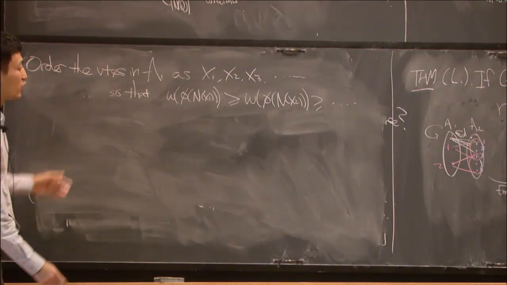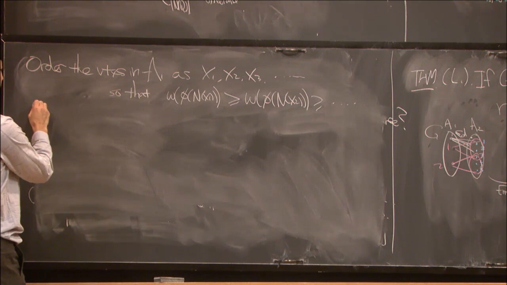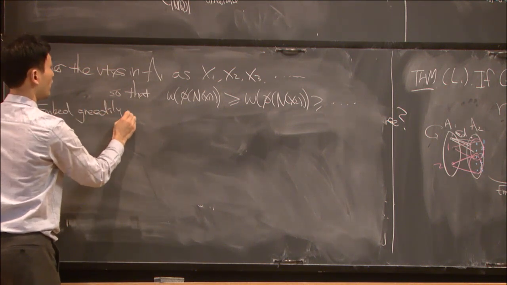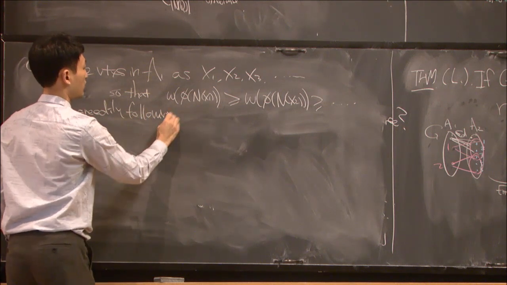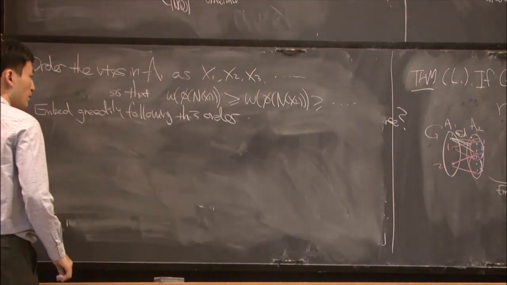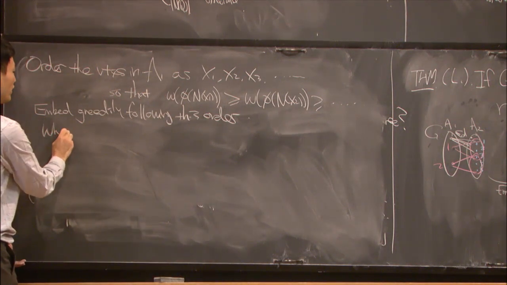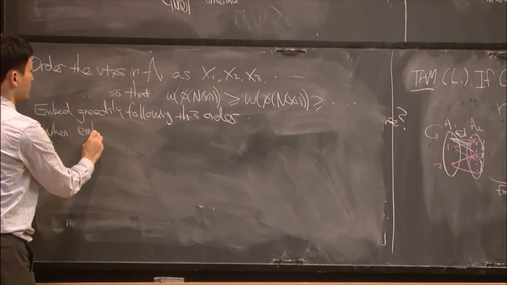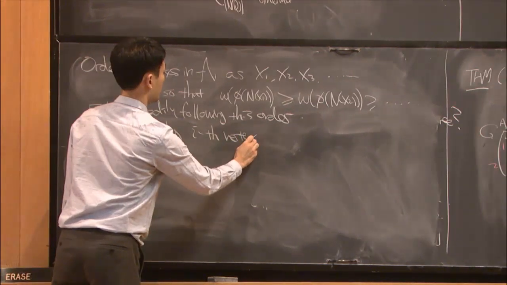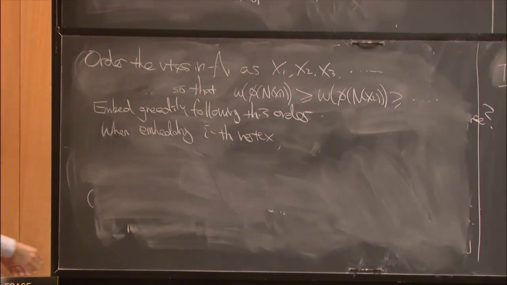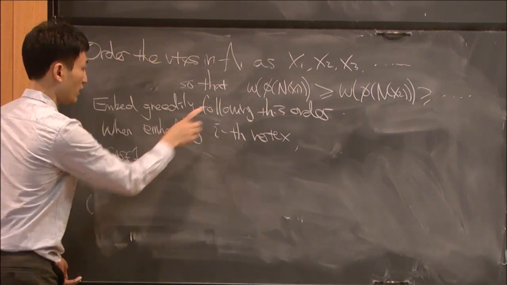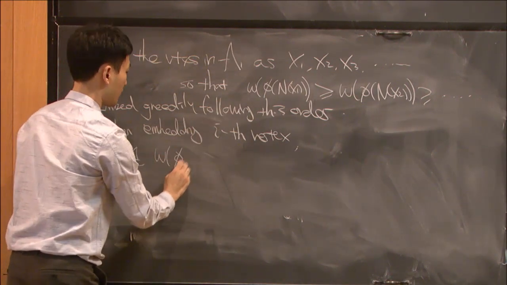So I will embed according to this ordering. Embed greedily following this order. Okay, when we try to embed ith vertex, let's see what happens. There's two cases. Case 1, this defect is 0.